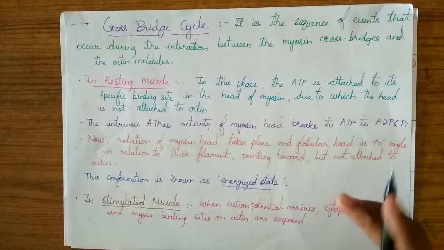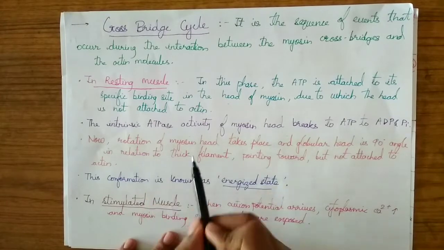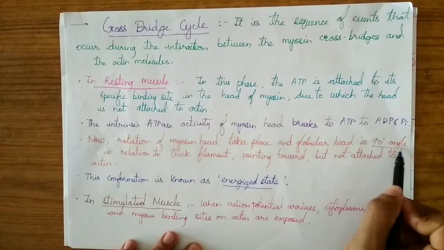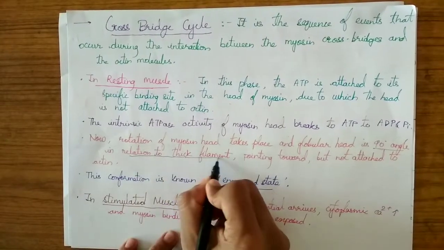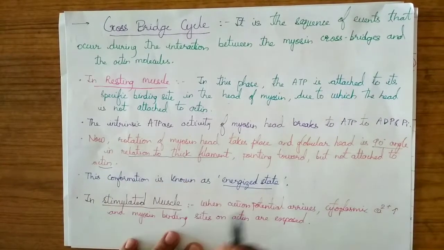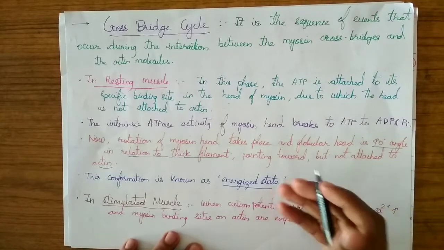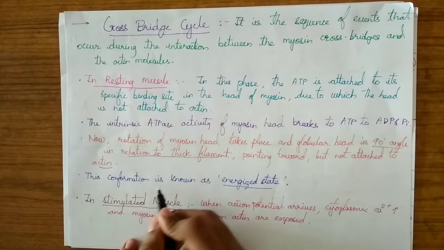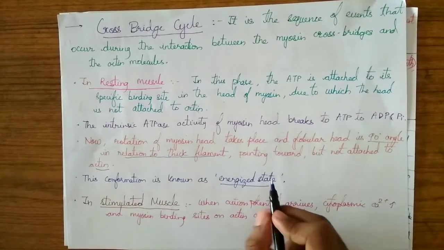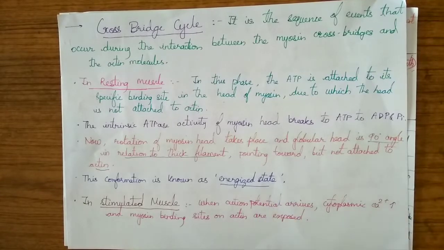After the breaking of the ATP to ADP and phosphate molecule, now the rotation of myosin head takes place, and the globular head is at a 90-degree angle in relation to the thick filament, pointing towards but not attached to the actin. So the head will be pointing towards the actin molecule but not attached to the molecule. This conformation is known as the energized state. So when most of the myosin molecules are in the energized state, it is the relaxation phase.